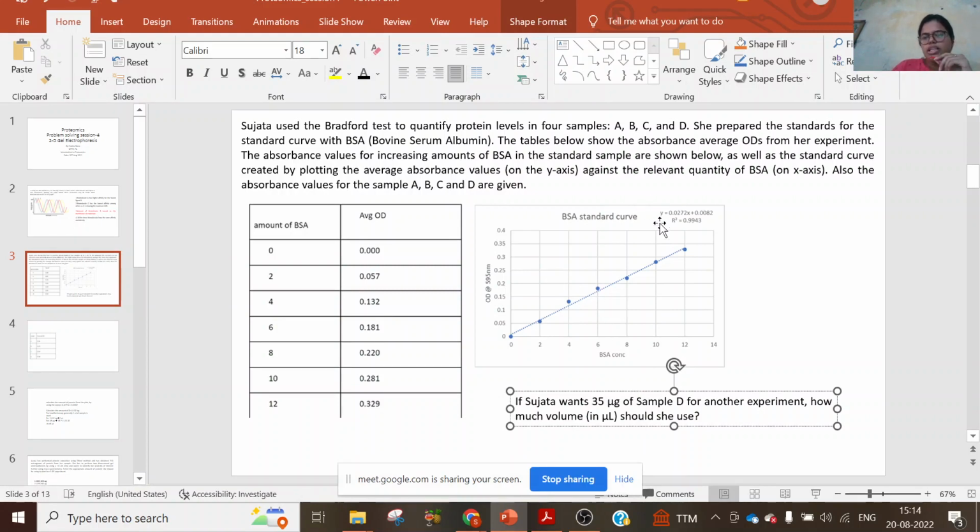So using this equation given, first try to calculate the amount of protein D. Everyone just try this and then we'll discuss.